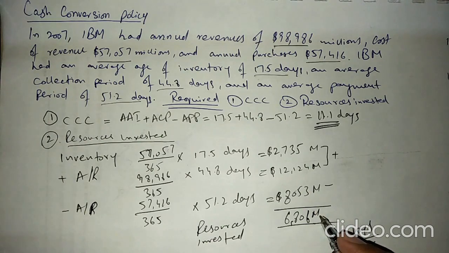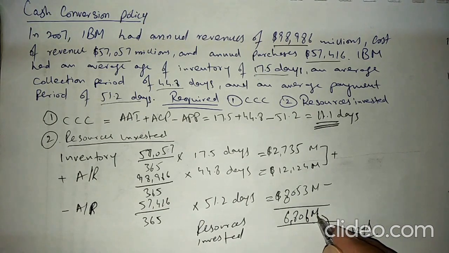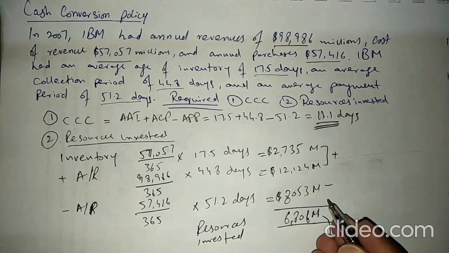If any company maintains cash more than this amount, let's say if IBM maintains 8,000 million rather than 6,806 million, in this case definitely the company will borrow this money. Company will sacrifice, and company will pay extra cost.